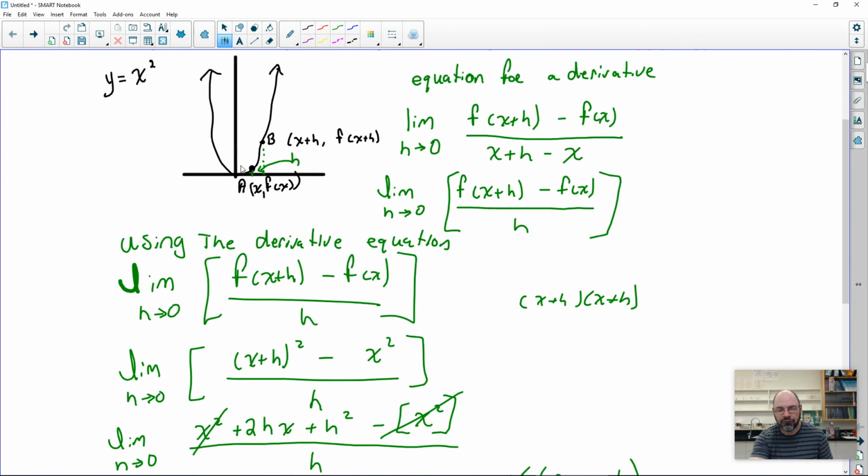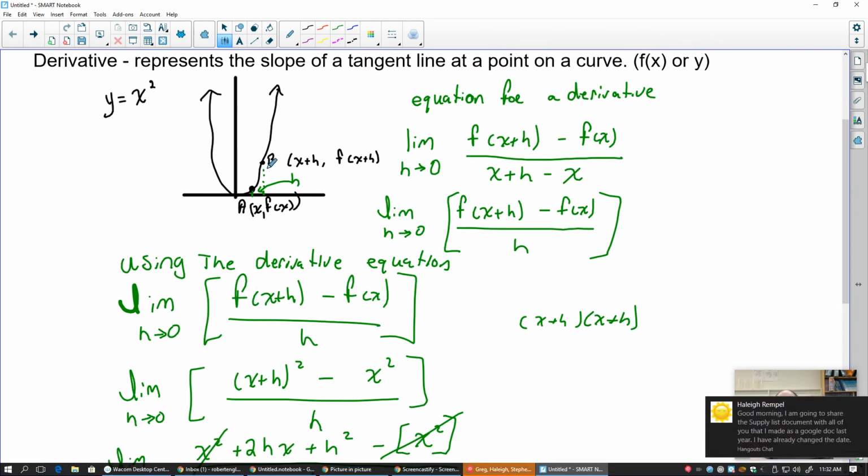Okay, so if we take any curve and we take the limit, oh, got a question there. We'll look at it later. So if we look at this, take any curve and we bring a point that is B away from point A, and we want a derivative at point A, what we do is we take the limit of point B minus point A as that distance between the two, h, approaches 0.